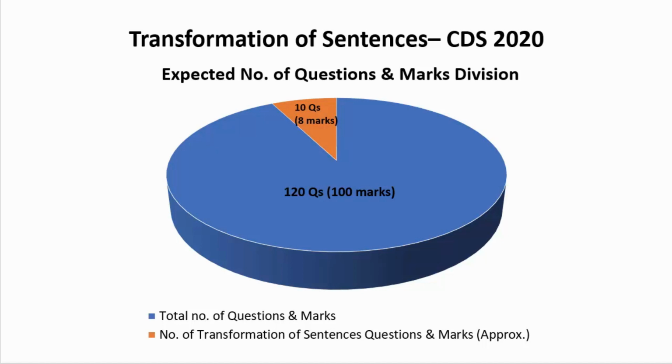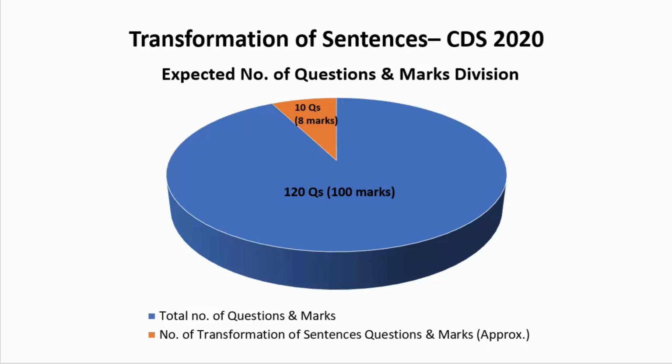So I hope that after you have gone through this session about the different marks division that I have shown you, and the expected number of questions that you can expect in your upcoming CDS examination, this will be the first step for you to score not less than 90% marks in your CDS English paper. It is not impossible, let me tell you.